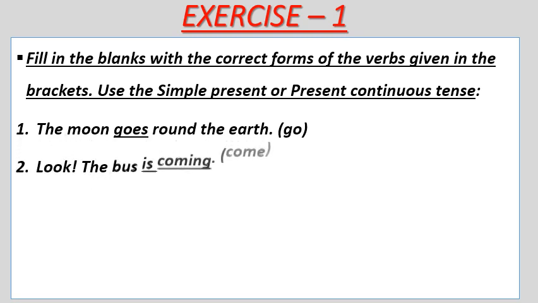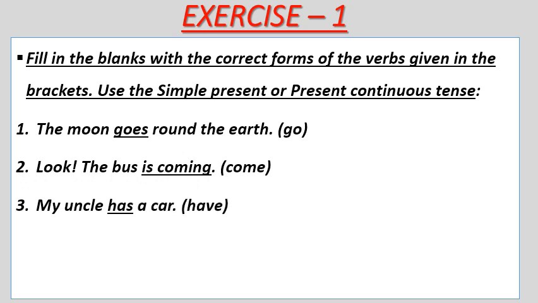Number 2. Look, the bus dash. The answer is coming. The form of the verb is coming refers to the present continuous tense and shows that the action is continuing. Number 3. My uncle dash a car. The answer is has. The form of the verb has refers to simple present tense and shows permanent situation.